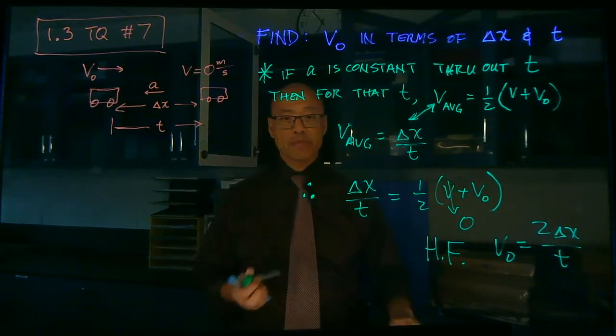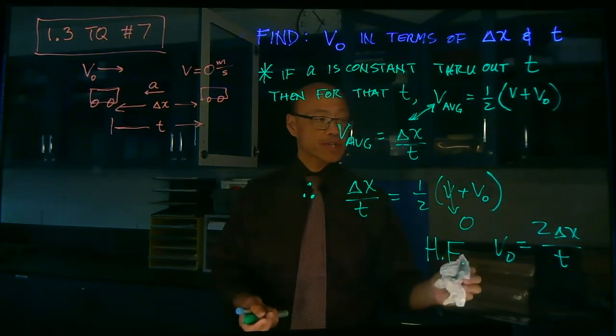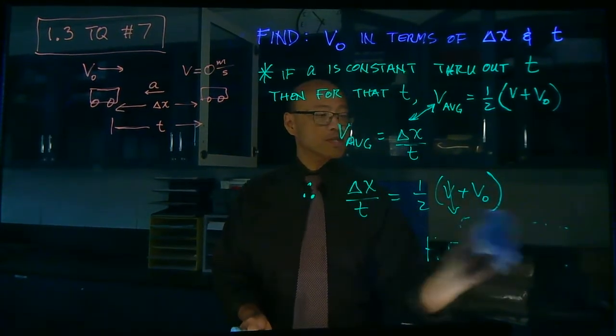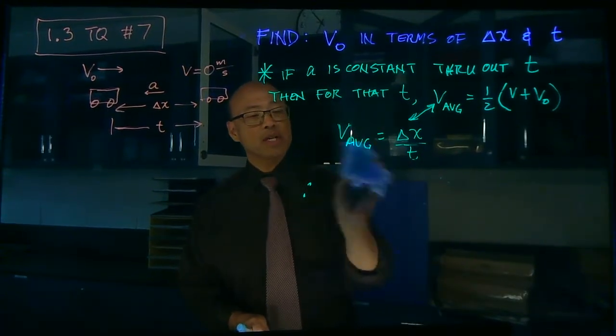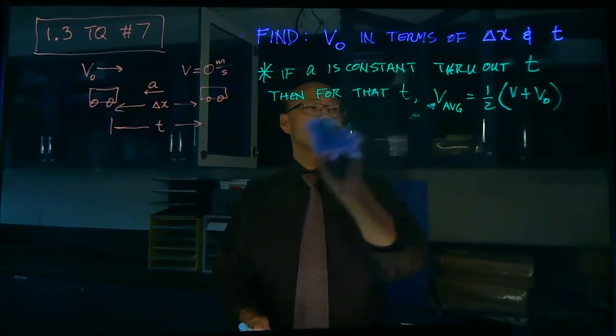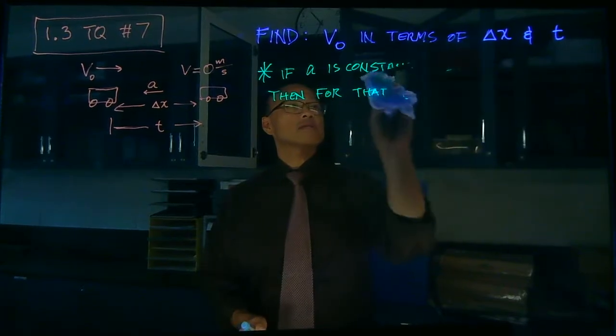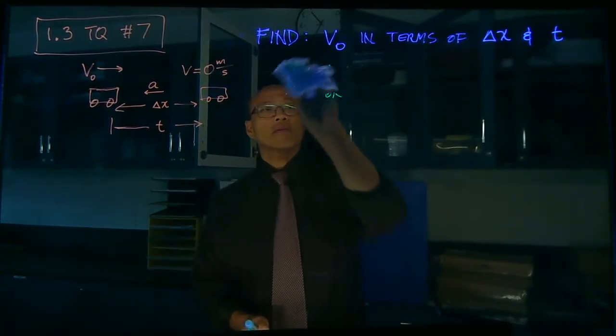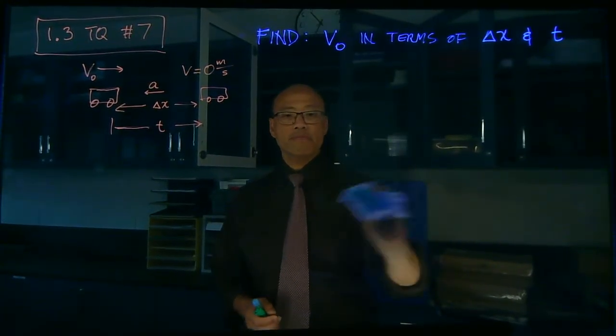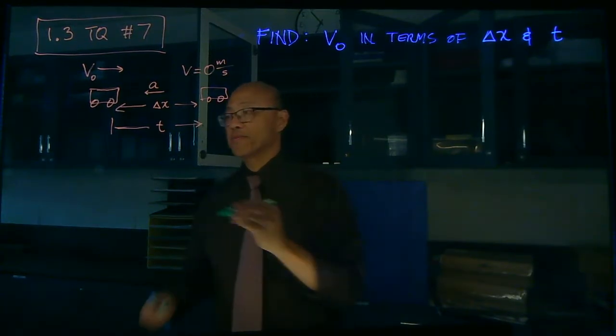All right, what if you don't remember that equation? What are you going to do? Well, we'll use this as an opportunity to think through general kinematics. If you don't remember that equation, the ones you're equipped with are the following.